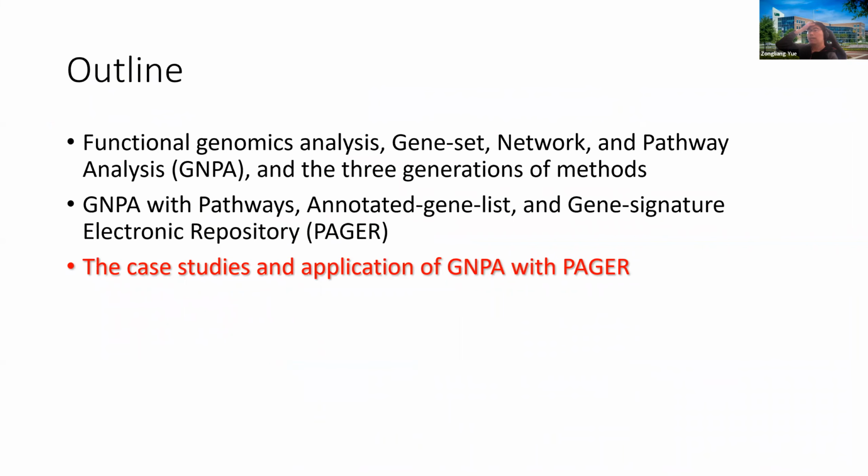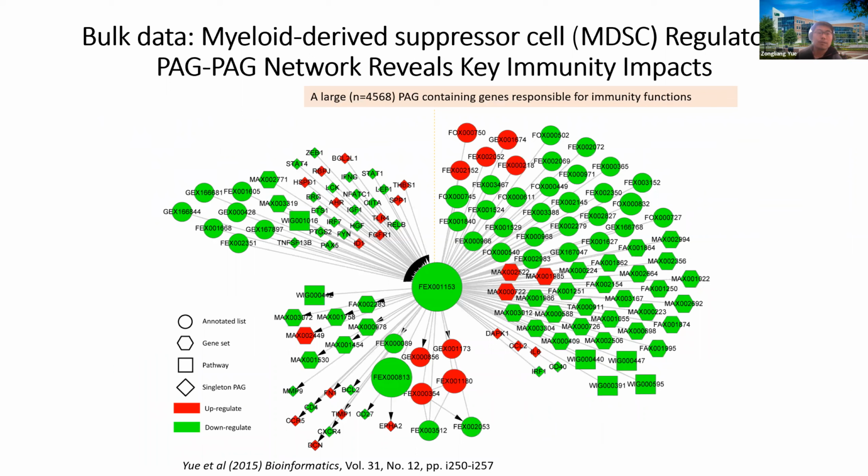Once we have introduced PAGER, what will be the real case study and application of GNPA with PAGER? The first thing I want to bring up is a bulk data analysis. We have this myeloid-derived suppressor cell (MDSC) regulatory PAG-to-PAG network to reveal key immunity impacts.